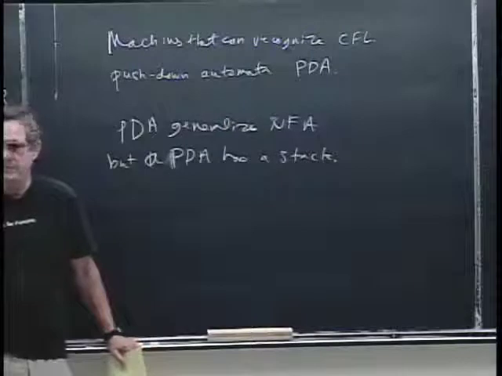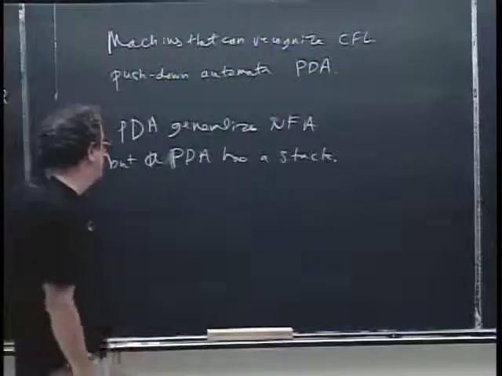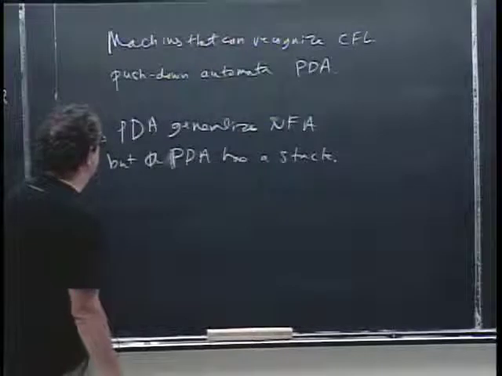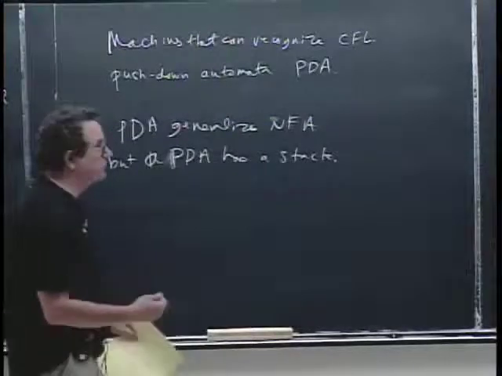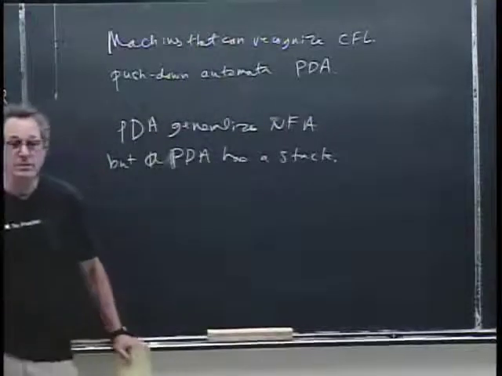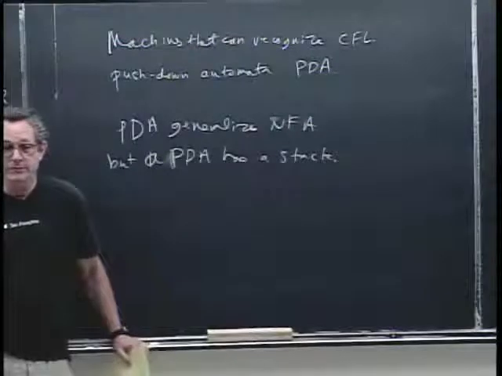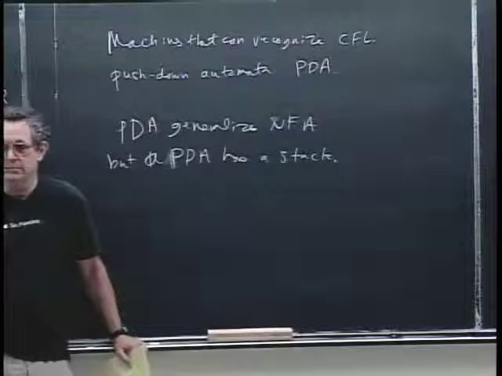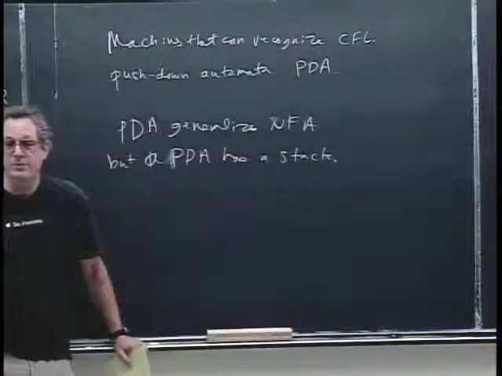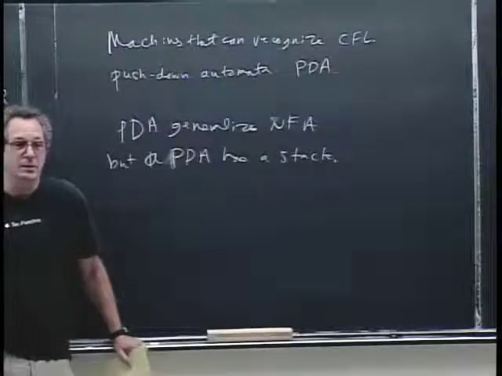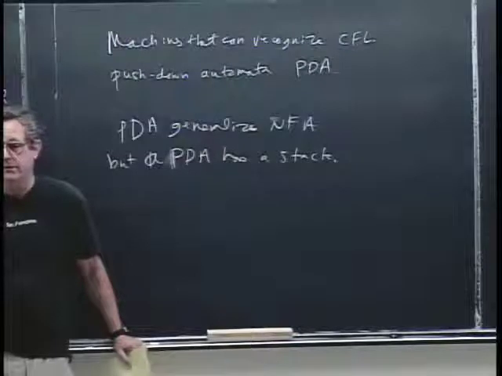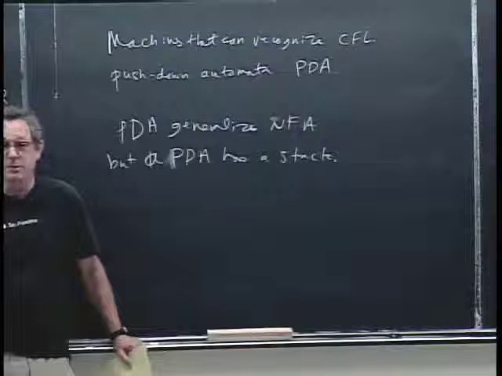So I'm sure everybody here is familiar with what a stack is. It comes up in programming. So it's got some extra memory, unlike an NFA. How does an NFA remember anything? State. Yeah, it remembers based on what state it's in. And you, as a designer of an NFA, have to encode whatever needs to be remembered in the particular states that you use.